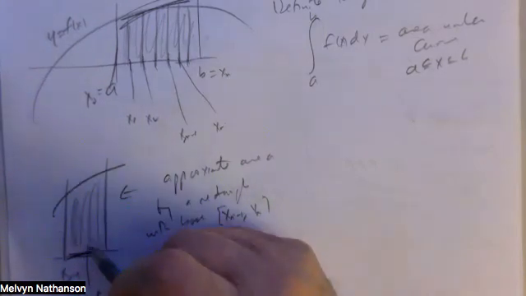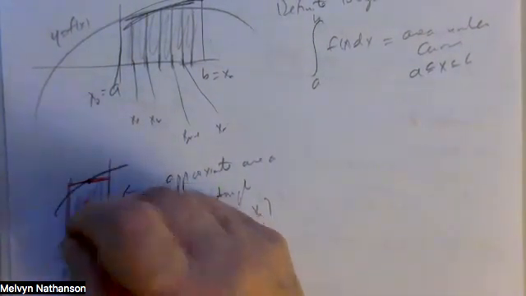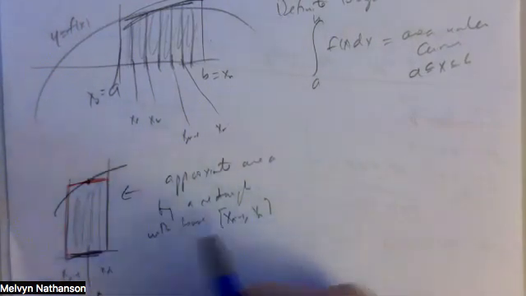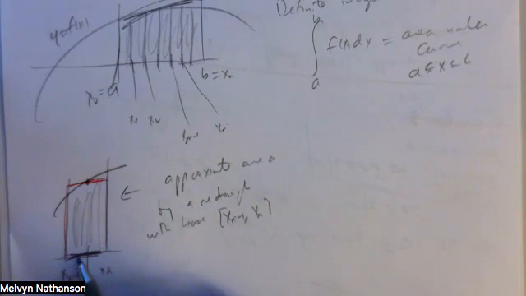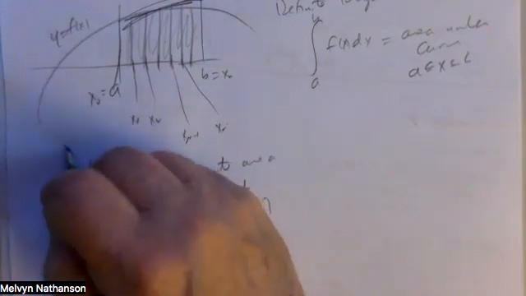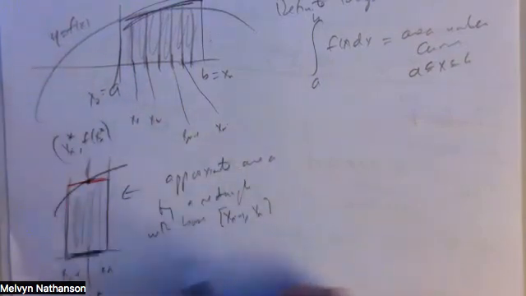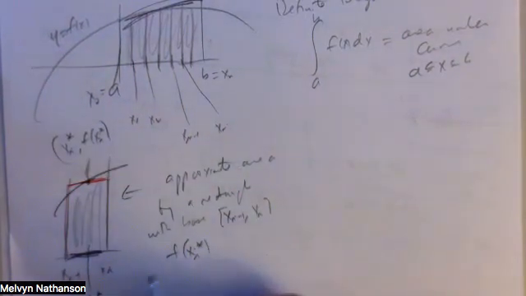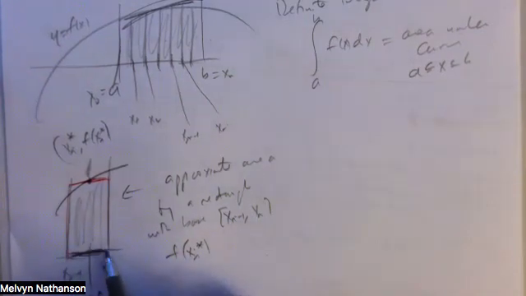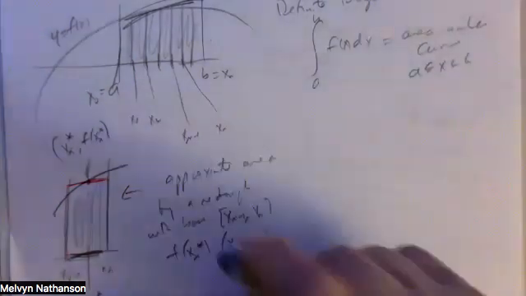I can pick any number in this interval; let me call it x_i star. Take the corresponding point on the curve at that point, and draw this horizontal line. So we have a rectangle, and the area of this rectangle is the base times the height. The height is the value of the function at x_i star, so that's f of x_i star. The base is the distance from x_{i-1} to x_i.